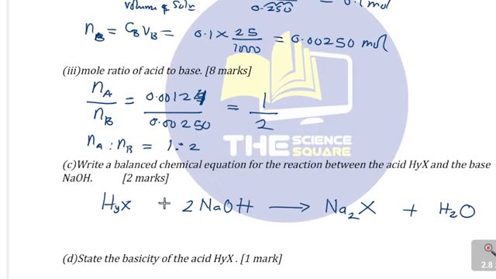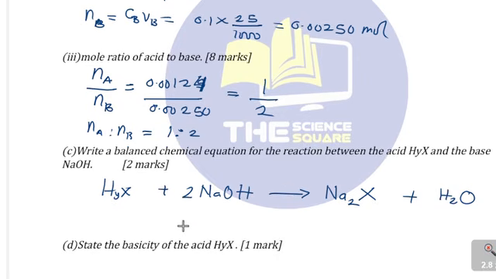Also, we see that the reaction is not balanced, but for the fact that we have Na2X, we can quickly predict that what we are going to have here is 2 moles of water.